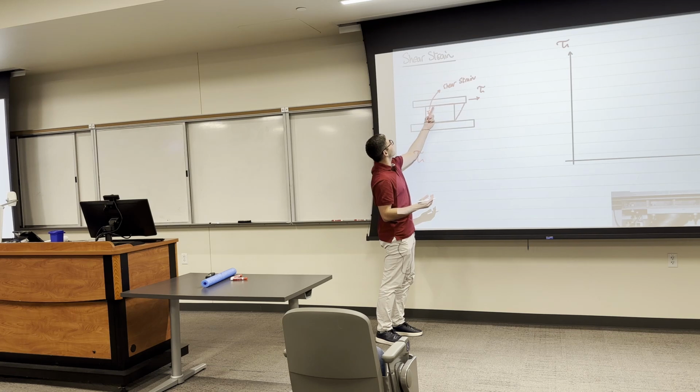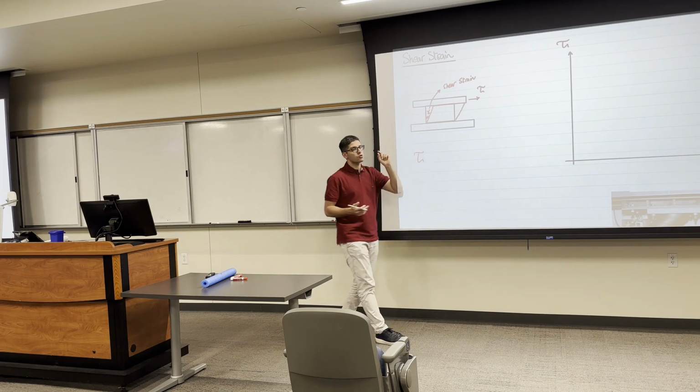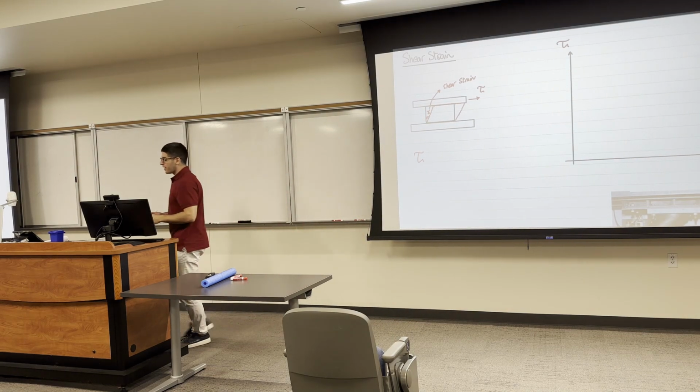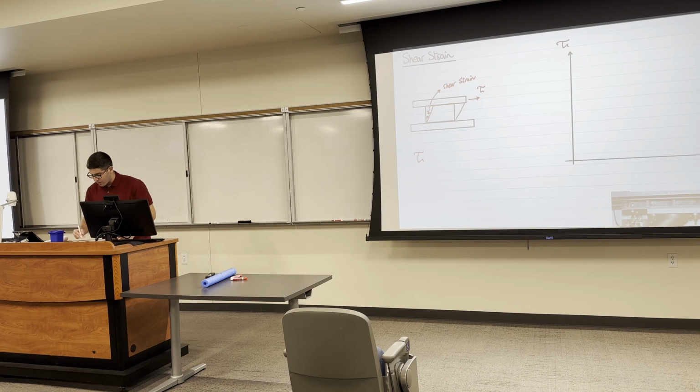Do you agree with me that the shear strain is going to increase? So it's directly proportional, and it's similar to the stress-strain curve. So it's going to go like this, okay? And it also has a proportional limit: at the end of the linear elastic region, we have a proportional limit, and we call this the shear proportional limit.